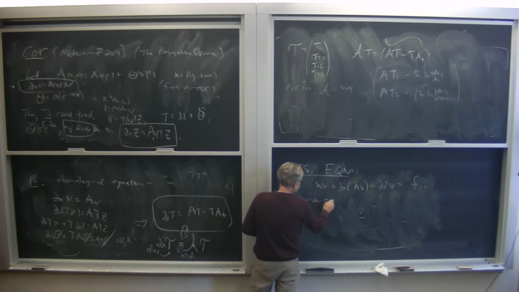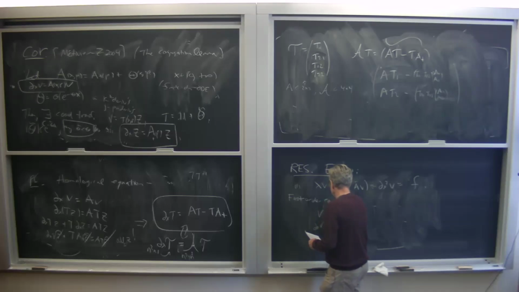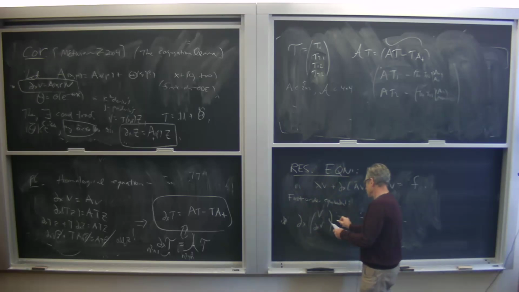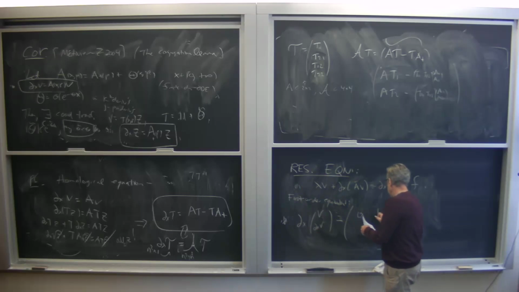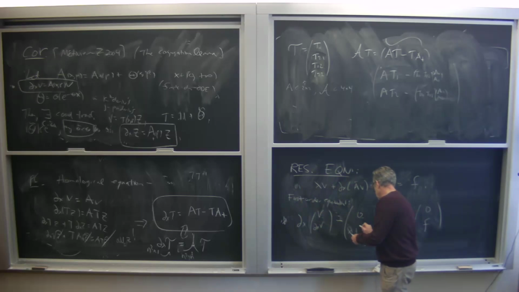A first order equivalent is to take v, dxv as the variables, and then dx of (v, dxv) minus 0, identity, times (v, dxv). Okay, the first row is immediate. I get a 0 on the right-hand side. I'm going to get an f over here if I do it right. This should be lambda plus dx a bar, and this should be a bar.